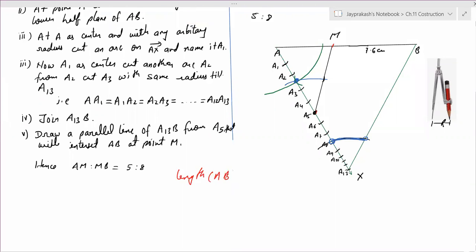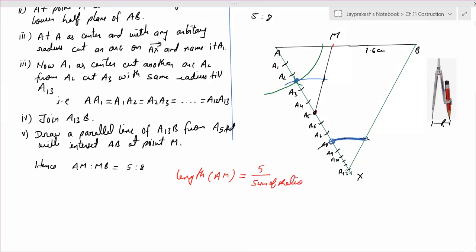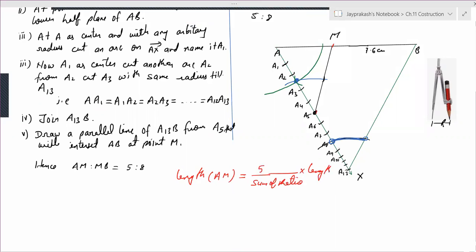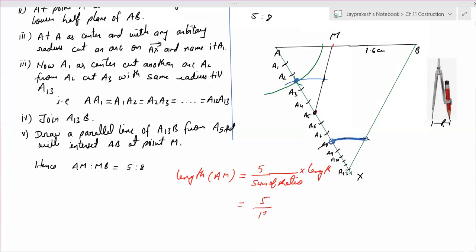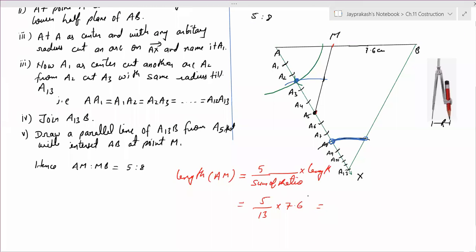So to find the length of AM, we will write here ratio of AM, that is 5 upon sum of ratio multiply by the length of total side. So that will be 5 by 13 into 7.6.